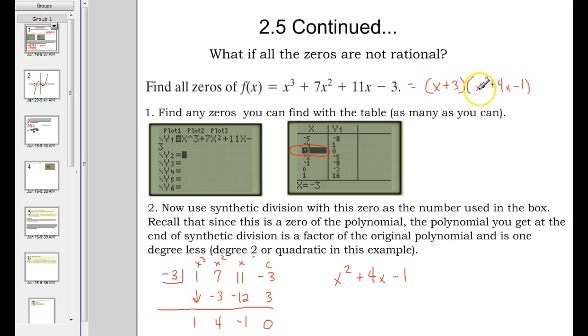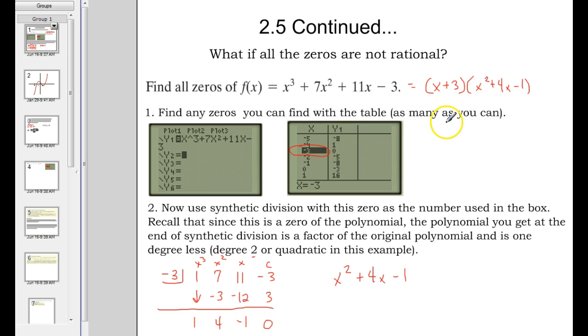Alright, now, with earlier techniques you would try to factor this, if you could. But if you could factor this thing further, then those zeros would show up in the table. Since negative 3 was the only thing that showed up in the table, that means this thing right here won't factor any further using normal factoring techniques.